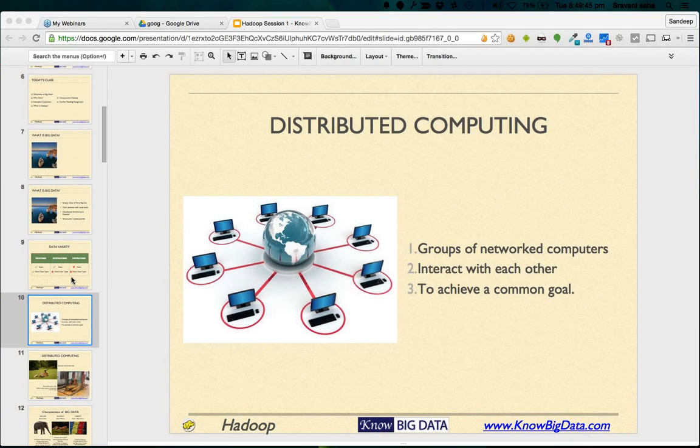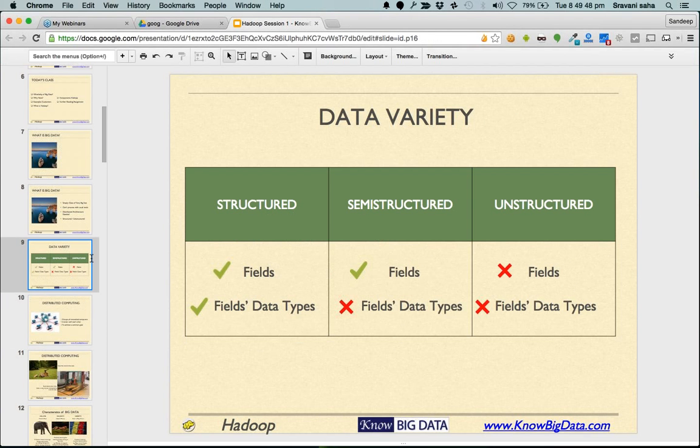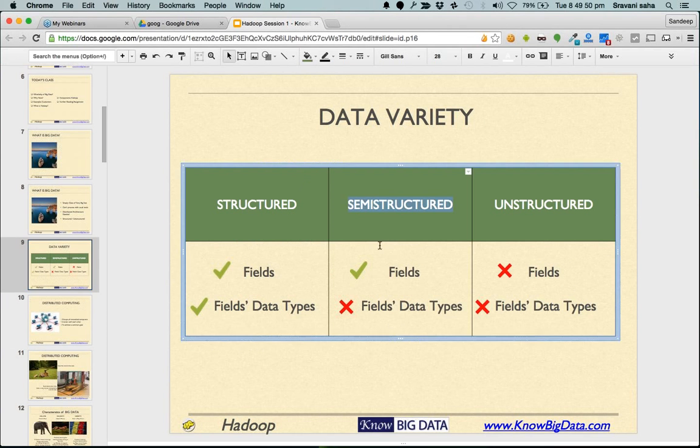Raj is asking to please repeat semi-structured data. Semi-structured data is the one where we clearly know how many fields are there, but we do not know their data types. Let's take the case of a CSV file. It's a format where we store each row in comma-separated format in a plain text file.